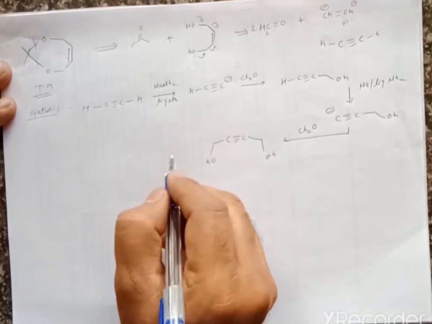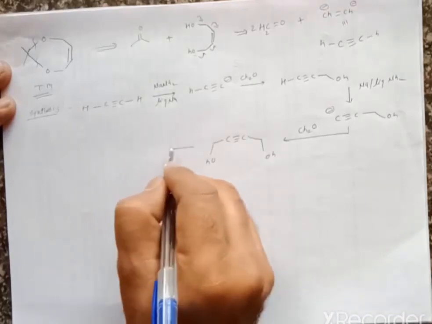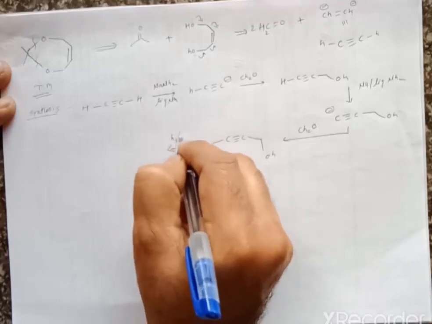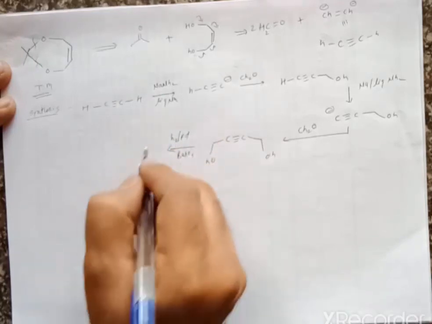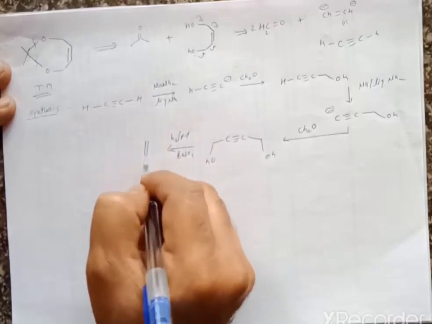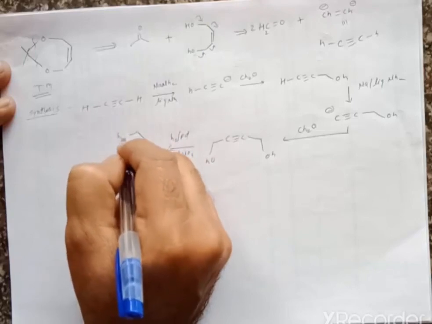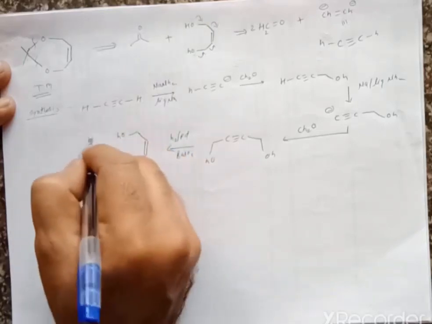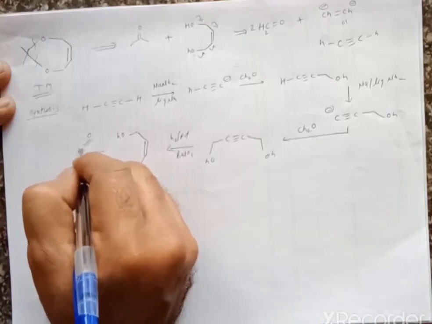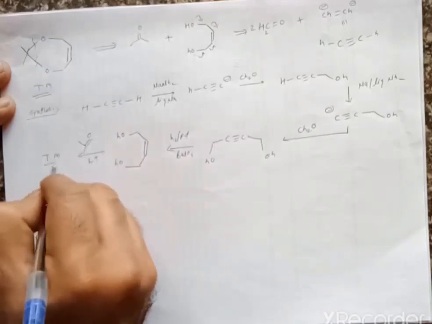And if we go for reduction with H2 Pd in presence of barium sulfate, that is Lindlar's catalyst, it gives a cis alcohol, a compound like this, OH, right? And if we use a ketone for the protection of this molecule in presence of H plus, it gives formation of the target molecule, right?